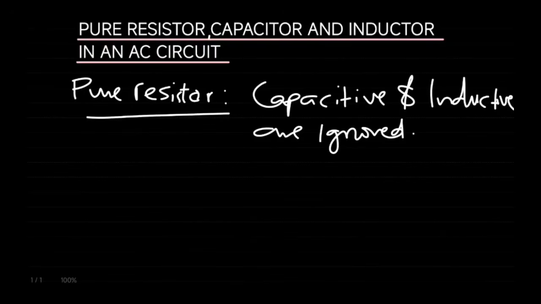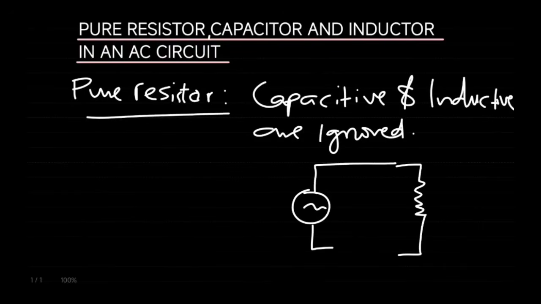So therefore, the diagram for a pure resistor in an AC circuit is given as this. We will have only the resistor here, and we have the AC supply.